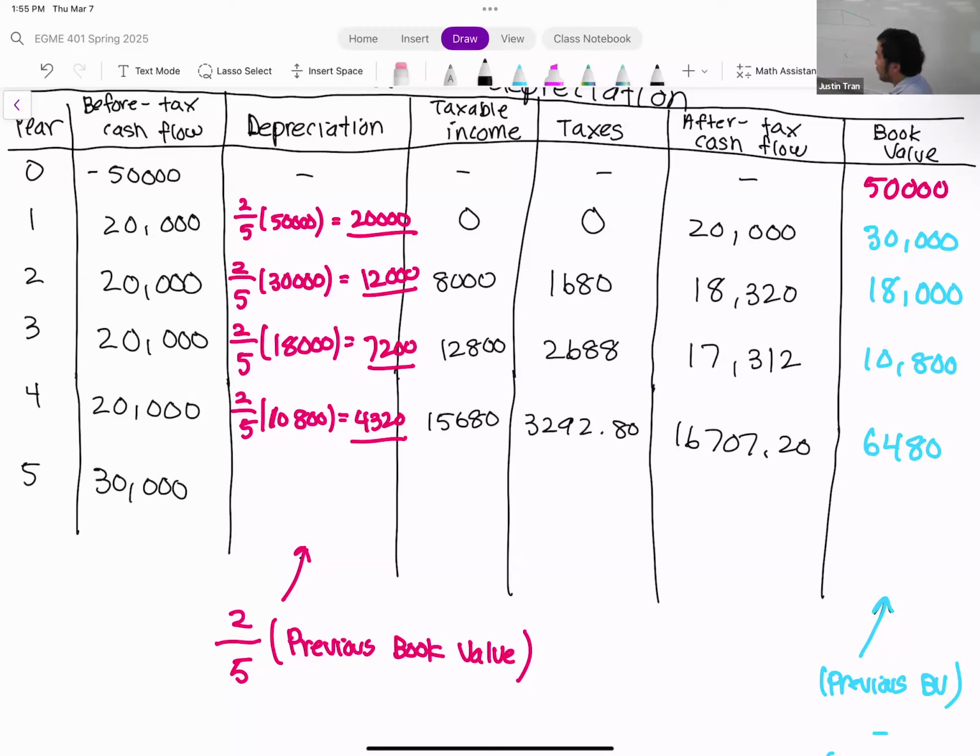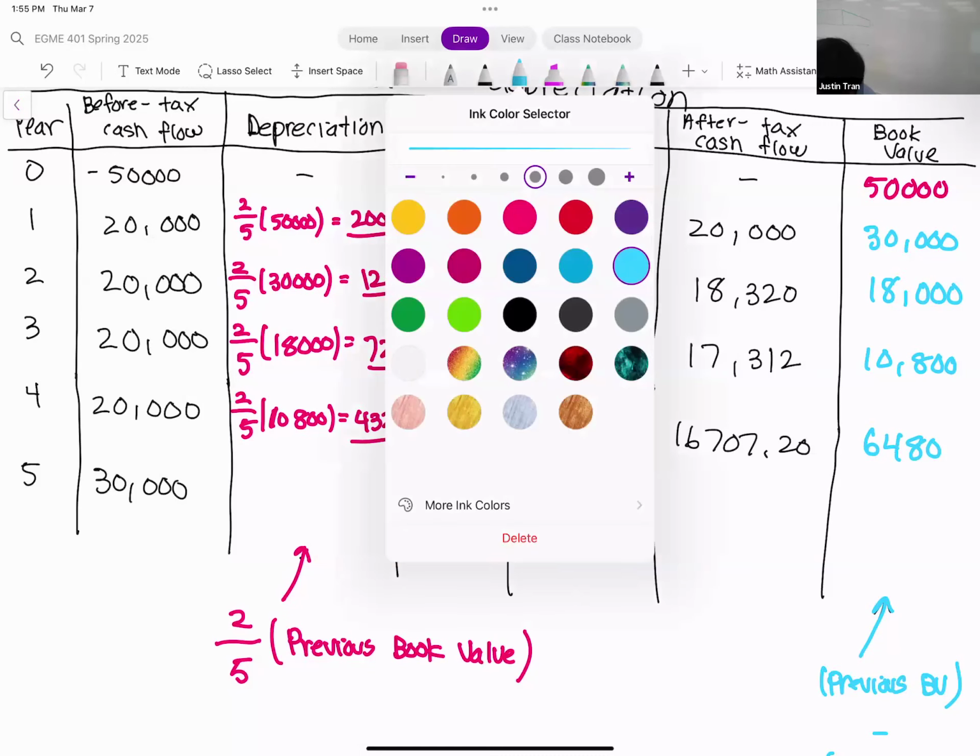In the last row here, don't forget the salvage value. The salvage value is going to add $10,000 of income.